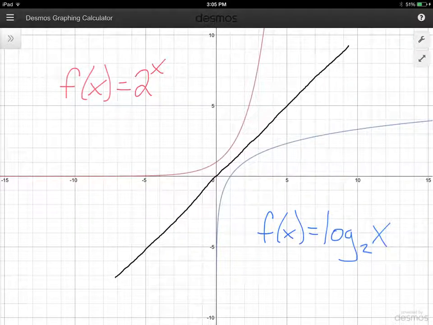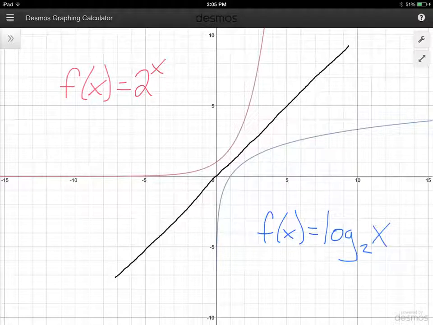Now some things are different. If you remember, we talked about for the function 2 raised to the x, a normal exponential function, our domain was all reals. But this is going to switch for a logarithm. Actually the range in this case is all reals. And instead of having an asymptote at the x-axis, we have an asymptote on the y-axis.